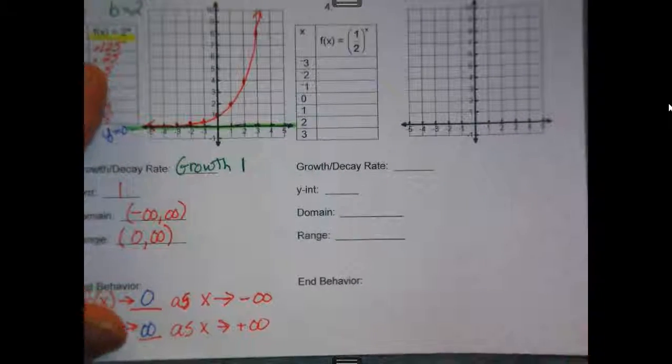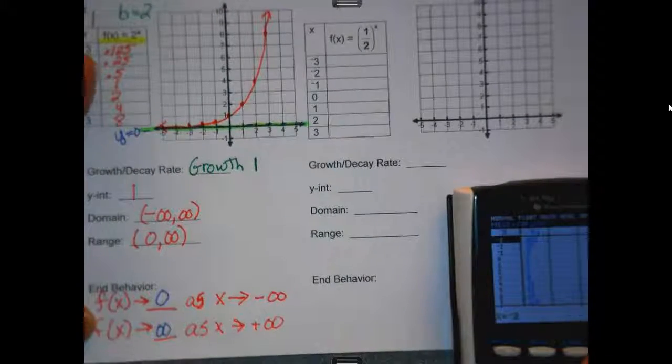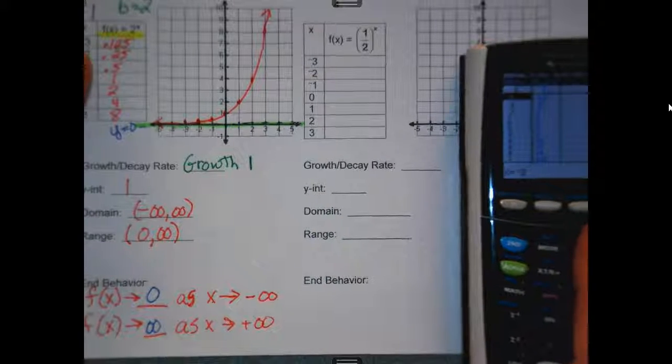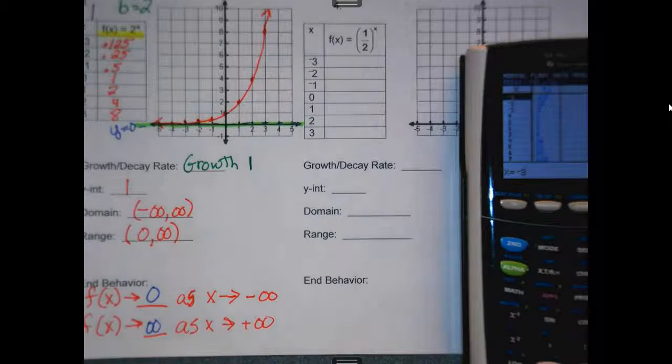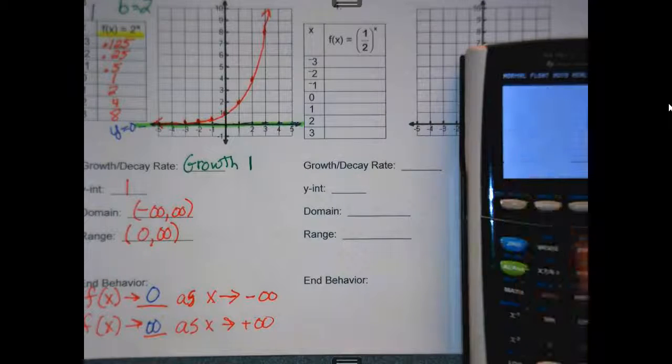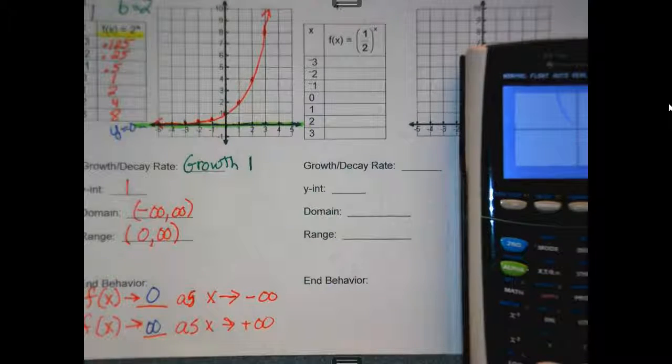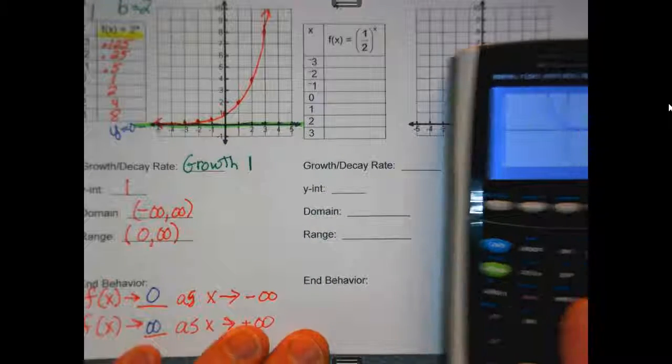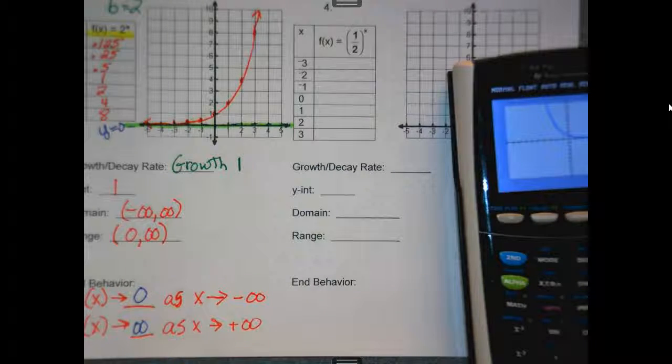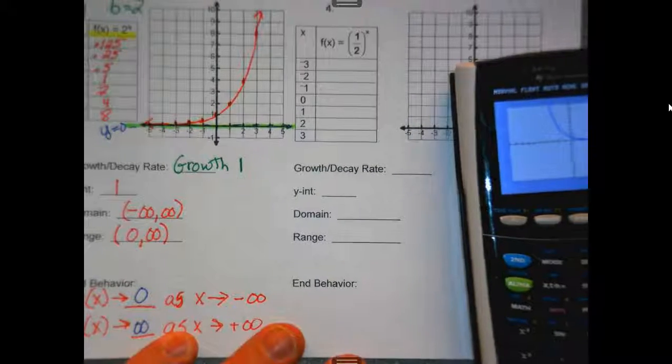Okay, you ready? Put 1/2 to the x in your calculators and graph it. I expect what kind of graph? Decay. Wonderful, because my b is 1/2.